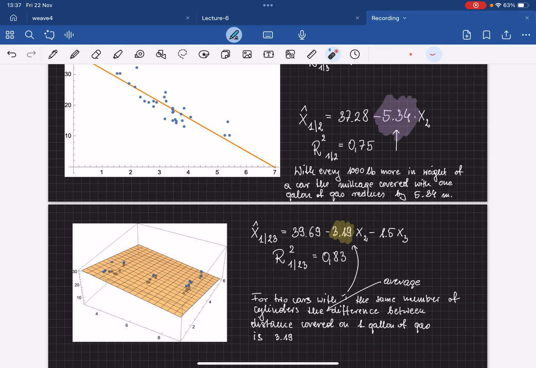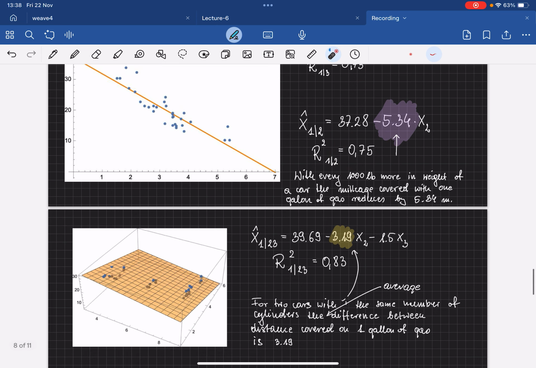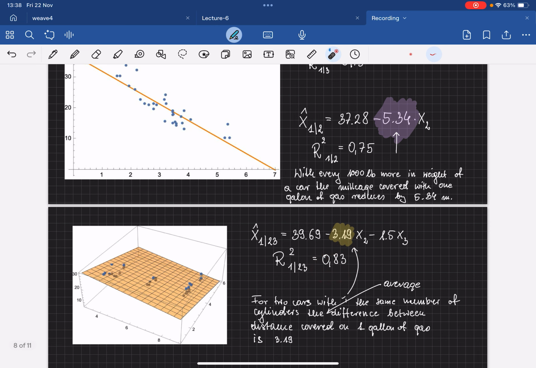Okay, so let us try to explain why the increase from 0.73 or 0.75 to 0.83 is not that big.